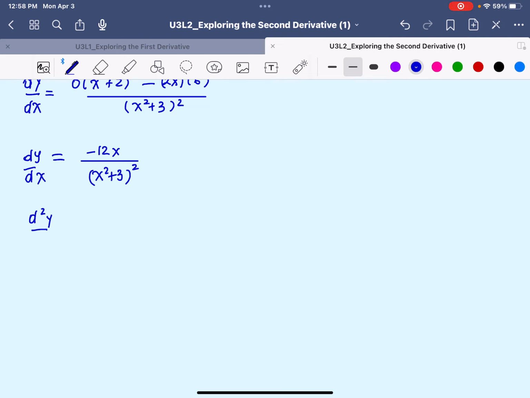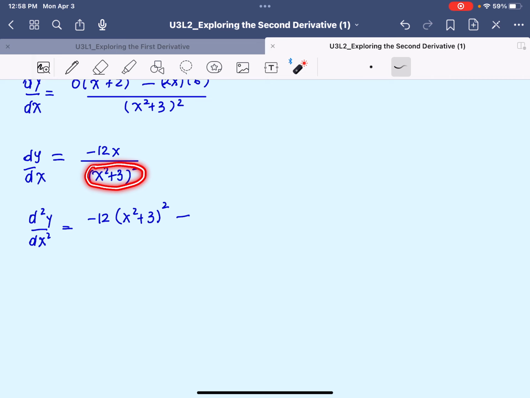So d squared y dx squared equals the derivative of negative 12x, which is negative 12. Multiply this by x squared plus 3 to the power of 2. And then minus. So we are differentiating the denominator now. Remember that there is a small little chain here again. So we'll differentiate the outside function, so the power of 2, and then the inside of it.